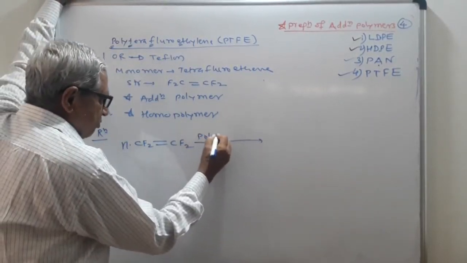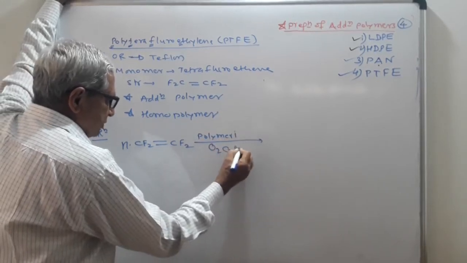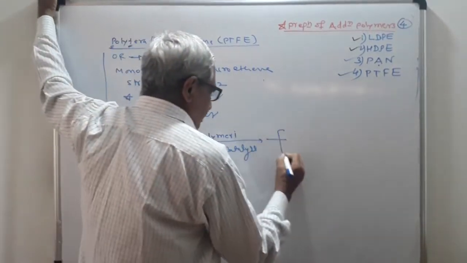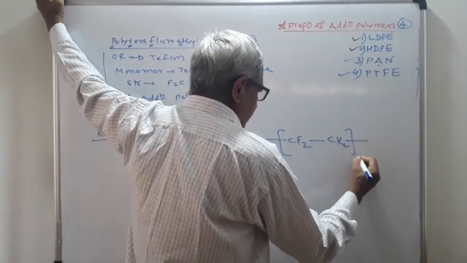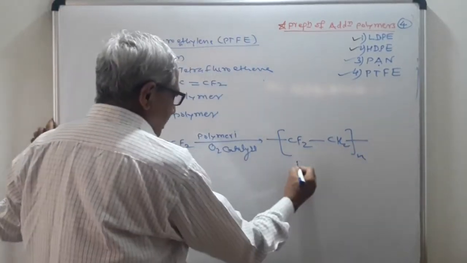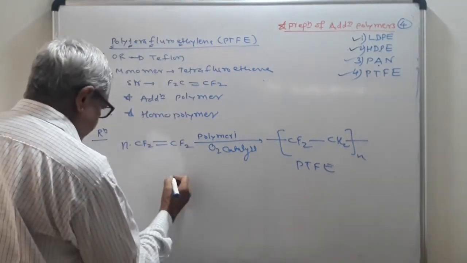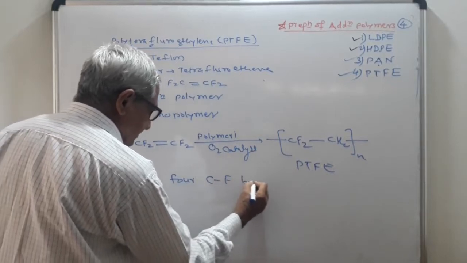So write down here polymerization carried out in presence of an oxygen catalyst at a high temperature and pressure. You will get CF2 single bond CF2, n type, and this is called polytetrafluoroethylene. Now see, it contains 4 CF bonds.